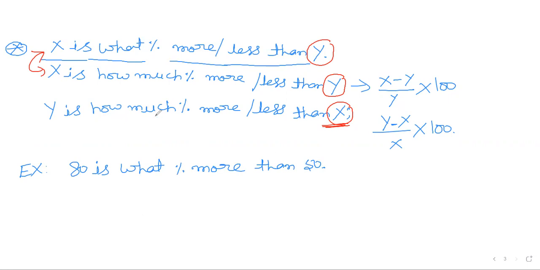So from here, try to understand which of 50 and 80 will go in the denominator. So which is the base quantity?